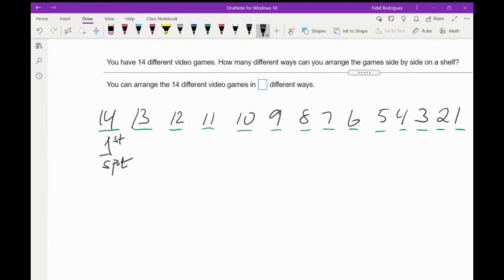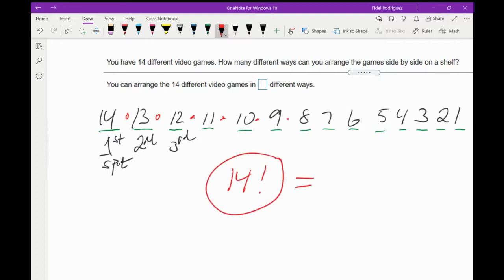Well, I can put 14 games, but once I pick that one, now I only have 13 games for the second spot. Once I pick that one, now I only have 12 games for the third spot, and so on and so forth. And really what I'm doing here is just multiplying each of these numbers. And so this here is just going to be 14 factorial.